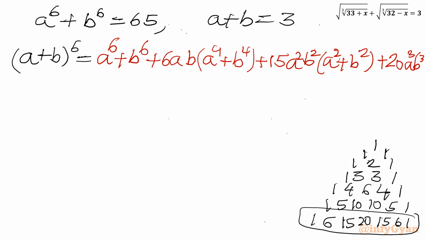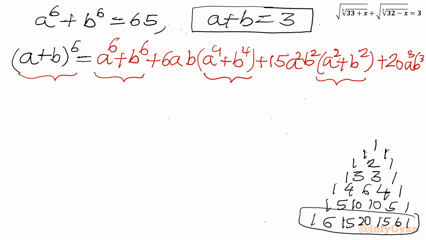Now a power 6 plus b power 6 is known. This is unknown. So better is to consider a power 4 plus b power 4 and a square plus b square value separately, as we know a plus b equal to 3 equation. So let me write here a plus b equal to 3. Consider squaring both sides.